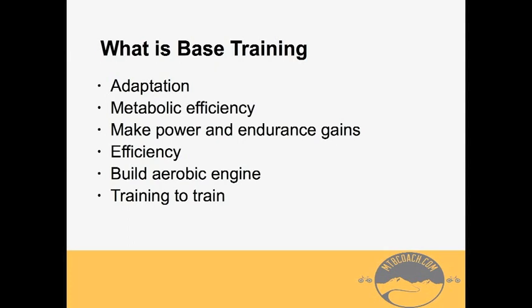This is a great time to improve your metabolic efficiency, and this is basically using fat to fuel yourself while you're riding. The more fat you burn, it's just another fuel source. You can make power and endurance gains in this period.